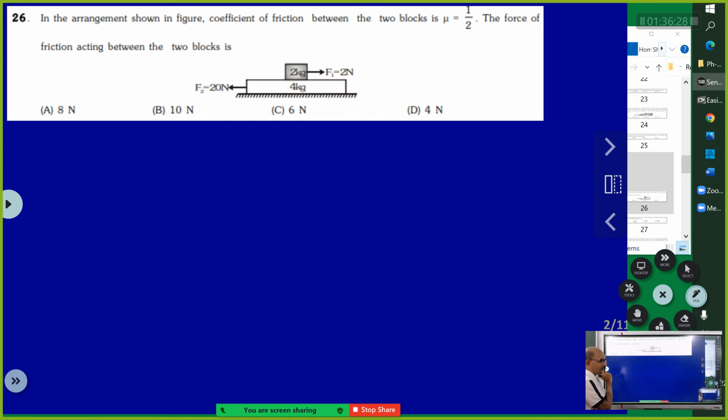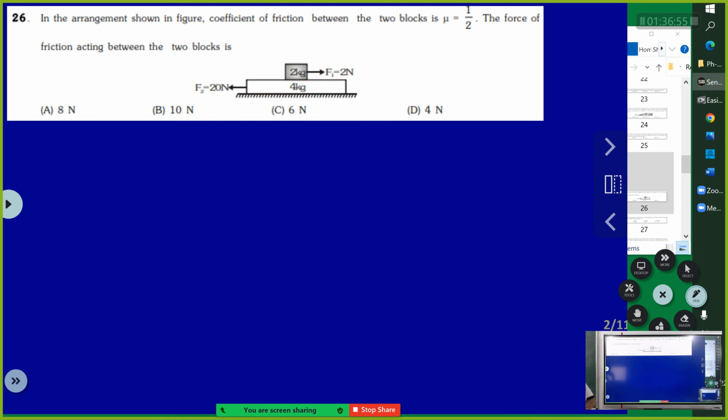So what is the assumption that you have to make here? The floor is smooth.